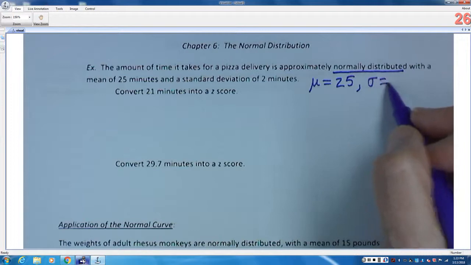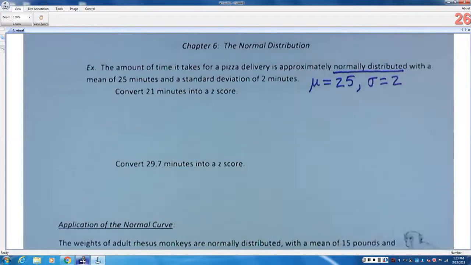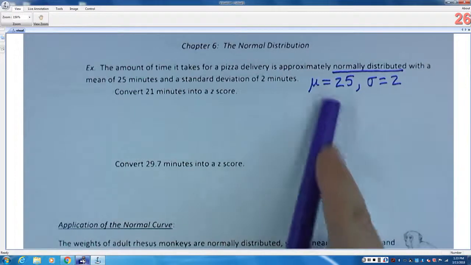Sigma is 2 minutes. They have to be in the same units, the mean and the standard deviation. I don't do something mean like tell you the mean is 25 minutes and the standard deviation is 30 seconds, but I could. It does have to be in the same units.